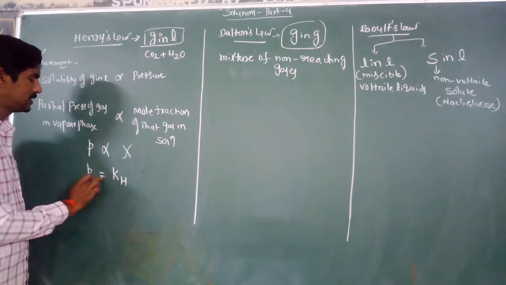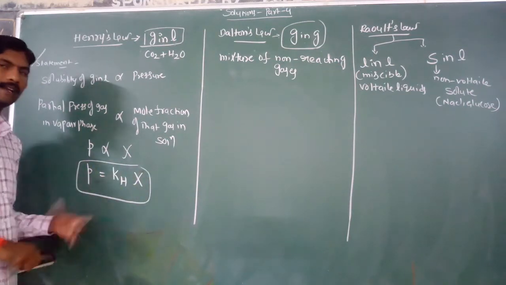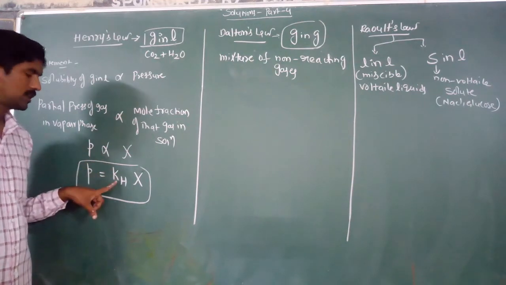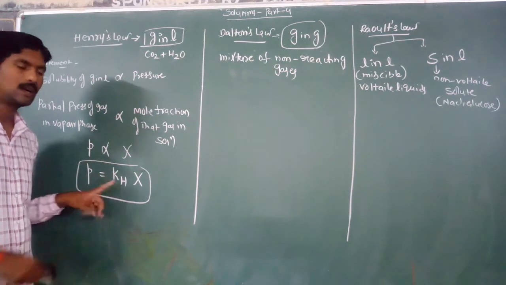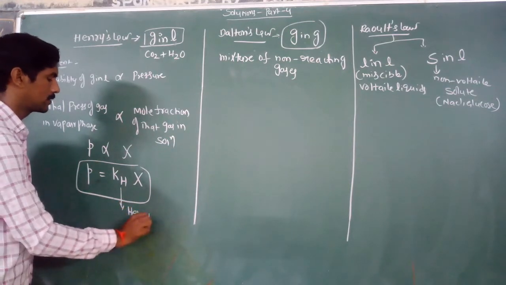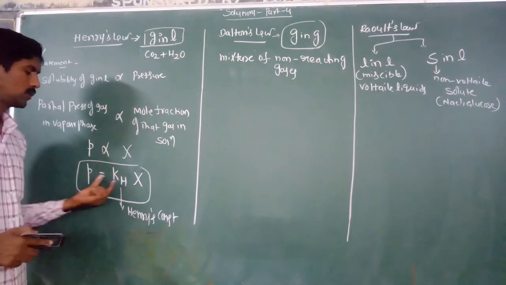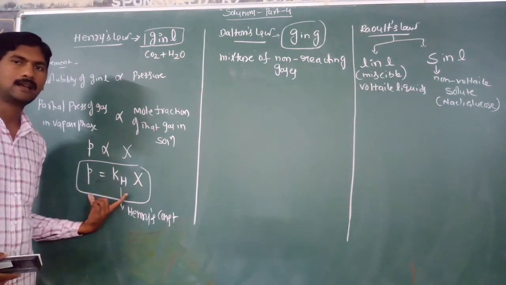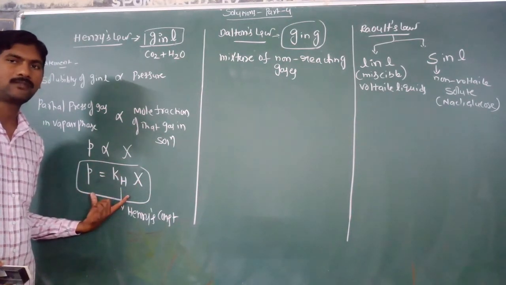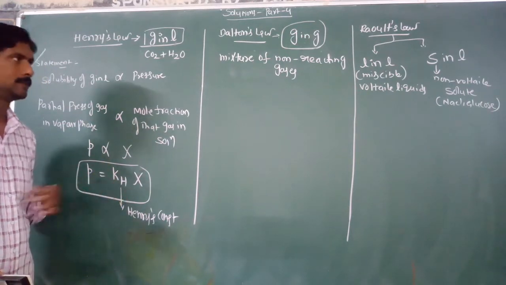Therefore P is equal to Kh into X. This is Henry's law. What is the proportionality constant here? Henry's constant. So P is equal to Kh into X. This is the mathematical expression of Henry's law, and the proportionality constant is Henry's law constant.